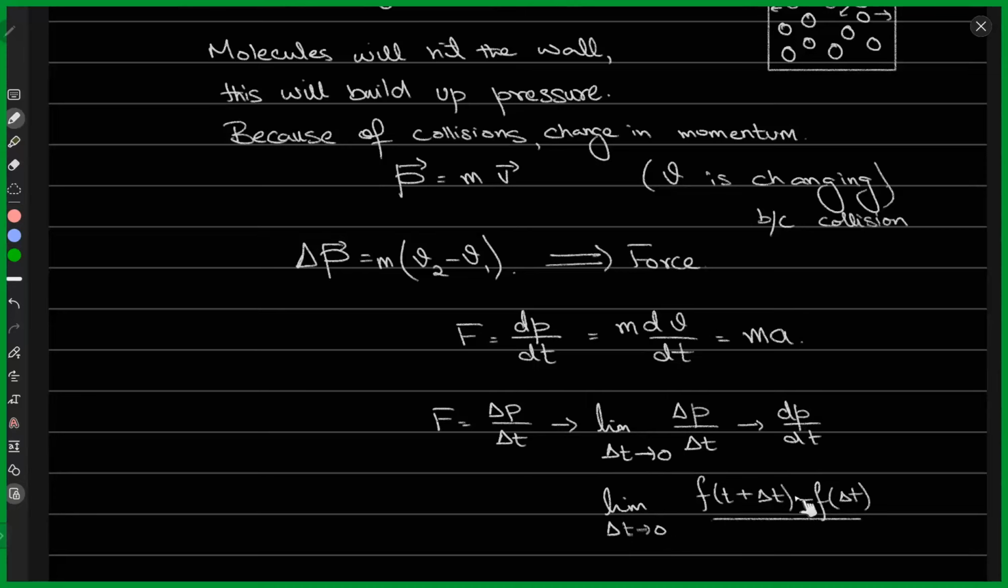I think it's more or less like this, divided by delta t. So dp is behaving as this function, and dt is this delta t, and then this goes to 0. So this converts to the derivative df over dt. So this is how a derivative is really defined in mathematics. This is a function of t, sorry.